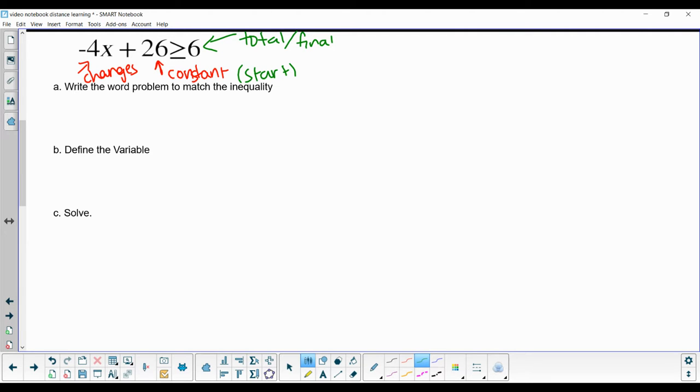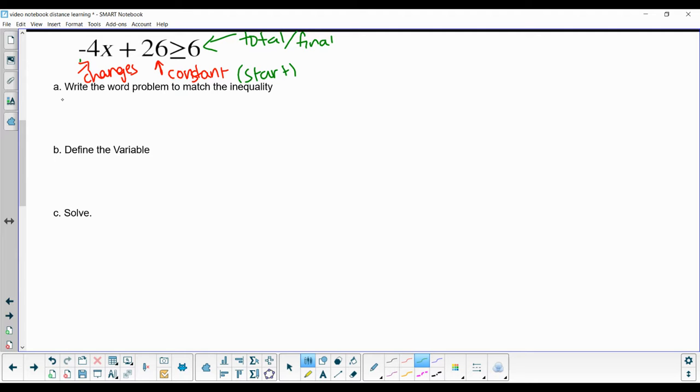So I'm thinking maybe I'm starting with 26 of something and it looks like I'm taking 4 of something away. I need to come up with some sort of clever idea. I was just baking some cookies, so maybe I'm going to do this problem about cookies.